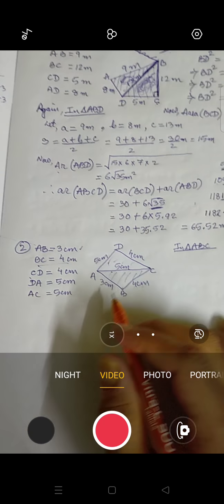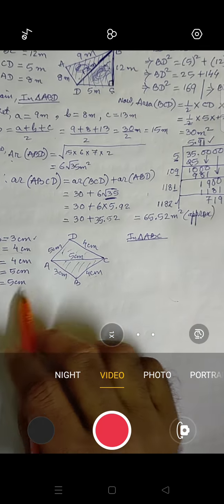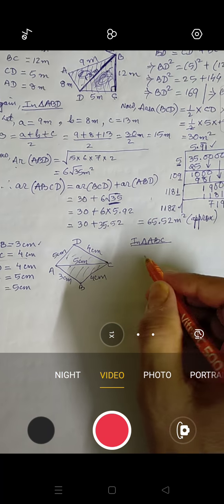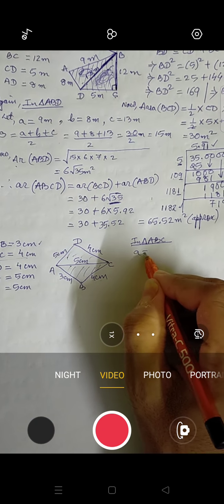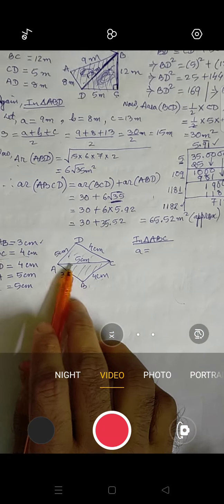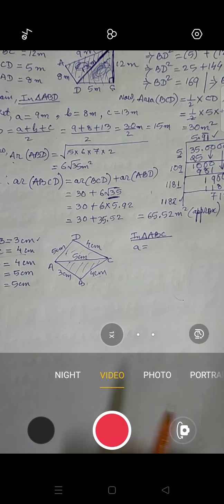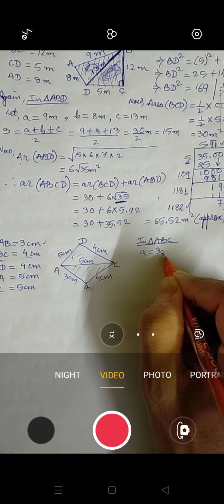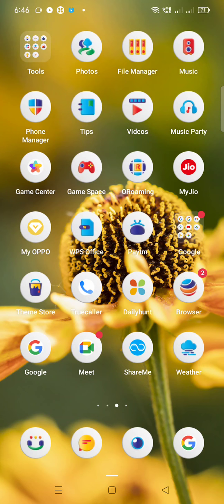So we have taken triangle ABC. Here you can take any value as a. I am taking 3 centimeter. b is equal to 4 centimeter. And c is equal to 5 centimeter.